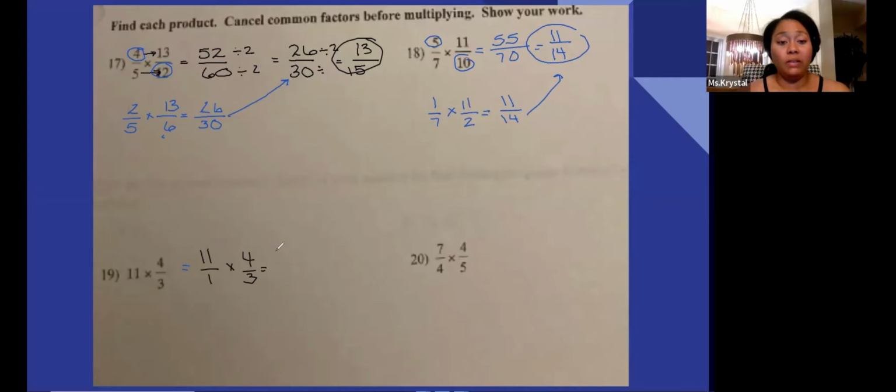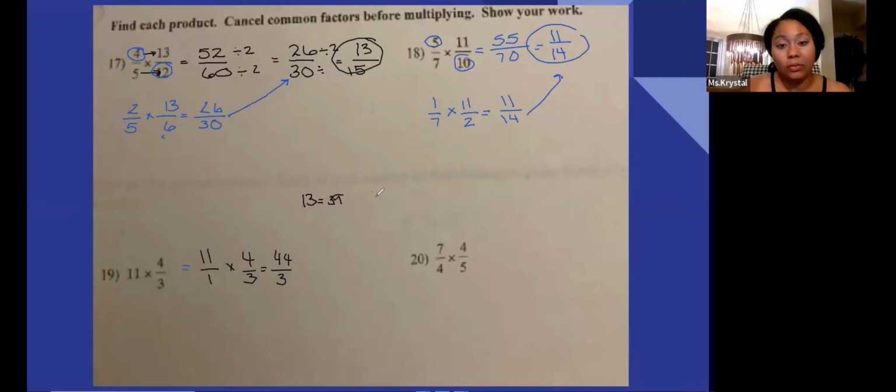4 times 11 gives me 44. 3 times 1 gives me 3. So now I ask myself, how many times does 3 go into 44? And I know that 3 times 12 is 36. So we can even go higher than that. 3 times 13, and I just count 36, 37, 38, 39.